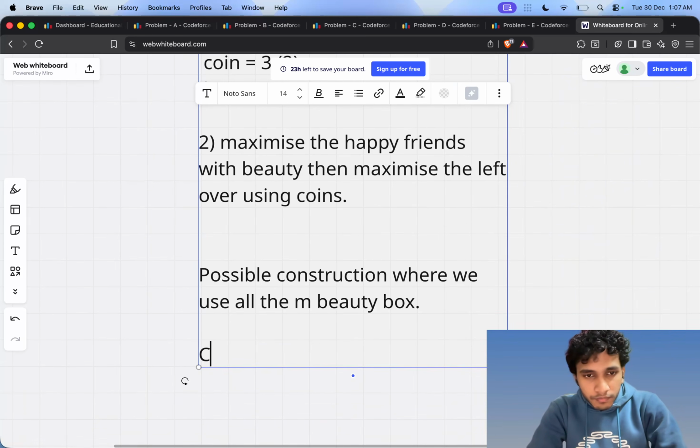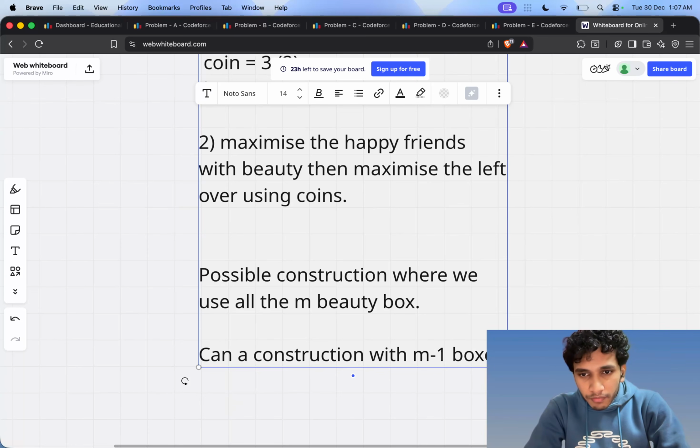Can a construction with m minus 1 boxes give us a better result?